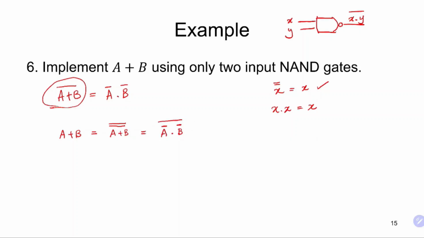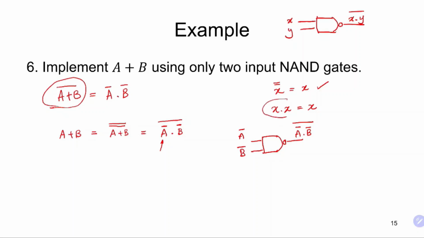This itself is a NAND function, yep? Correct? But how do I get A bar? I want a NAND gate using a NAND gate. How do I invert the A function?